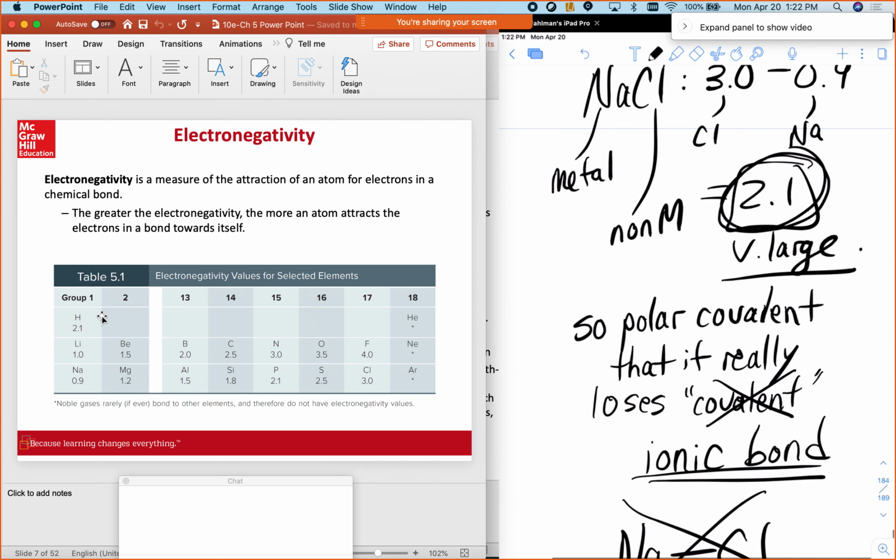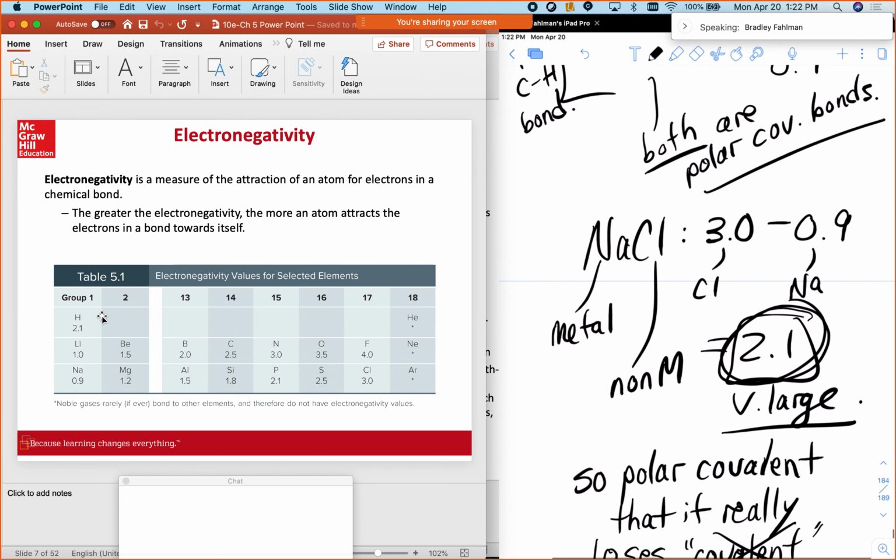Where you start to go above 1.5 or so in the difference in electronegativity, it becomes ionic.